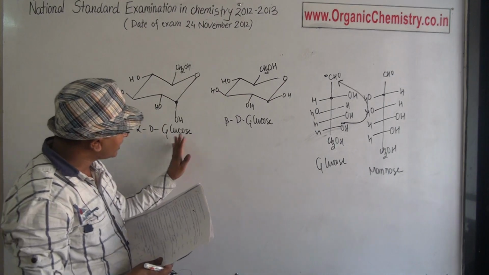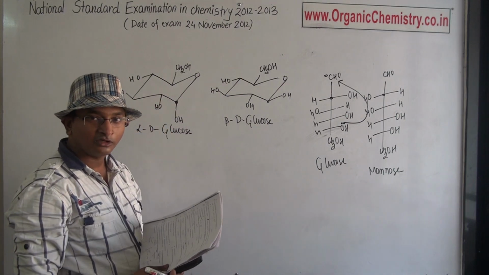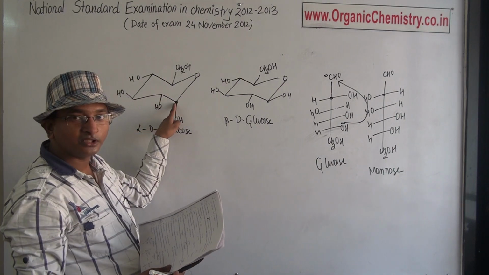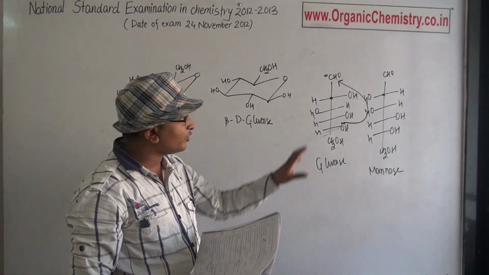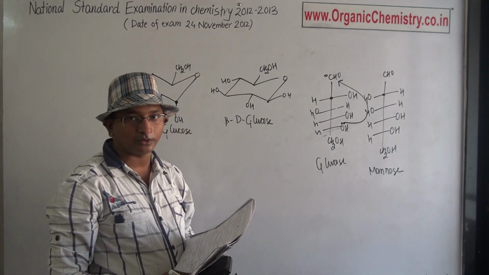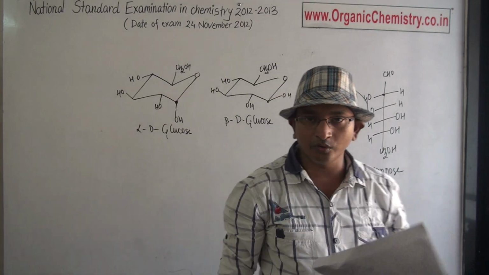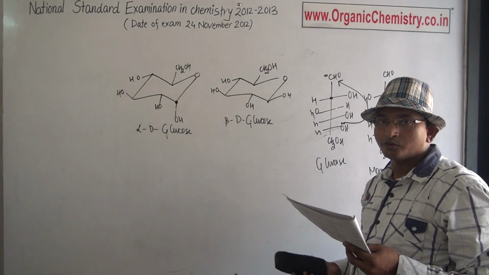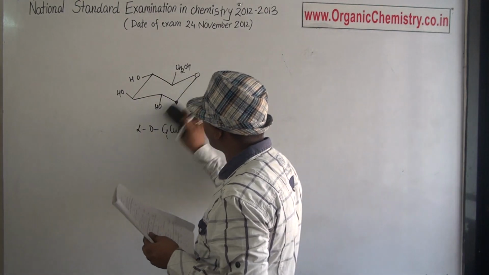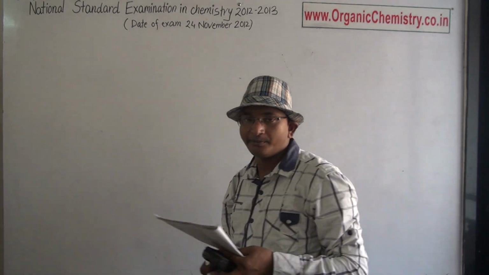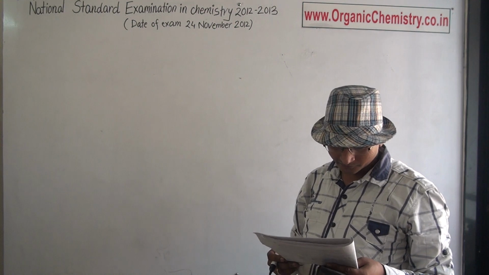Then such molecules are called anomers. So alpha D glucose and beta D glucose are an example of anomers, while glucose and mannose are an example of epimers. So the answer of this is anomers.